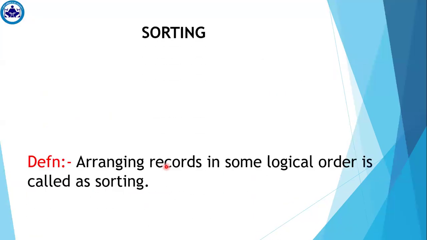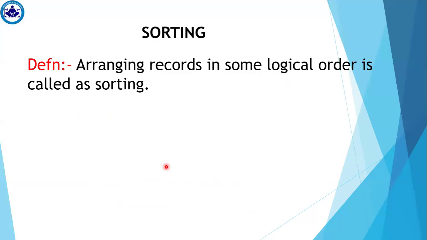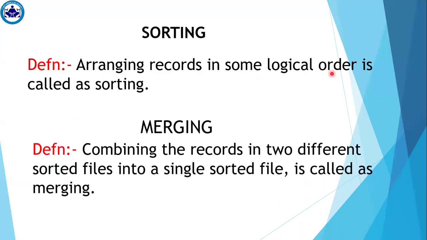The next operation is sorting. Sorting means arranging the records in some logical manner or a logical order. Means to sort the array either in ascending or in descending order is called as sorting. The last operation is merging.